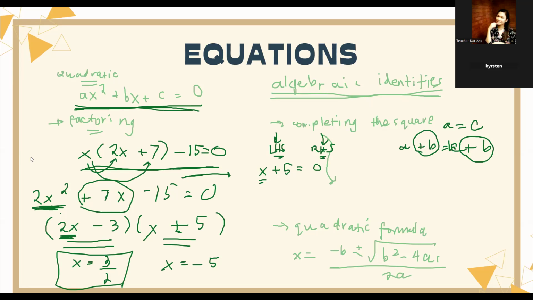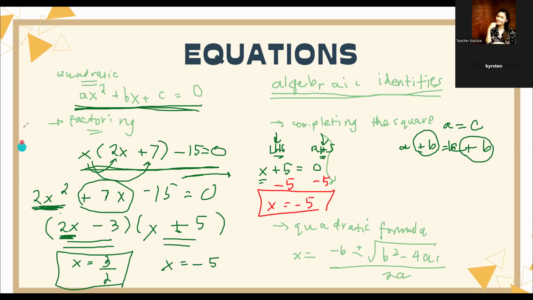So what that means is, if you subtract 5 from this side to make this x, you have to subtract 5 from this side also. So this is 0 minus 5, magiging x equals negative 5. Kuha? Opo.